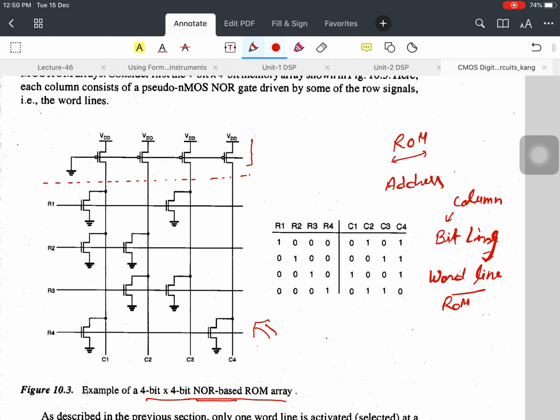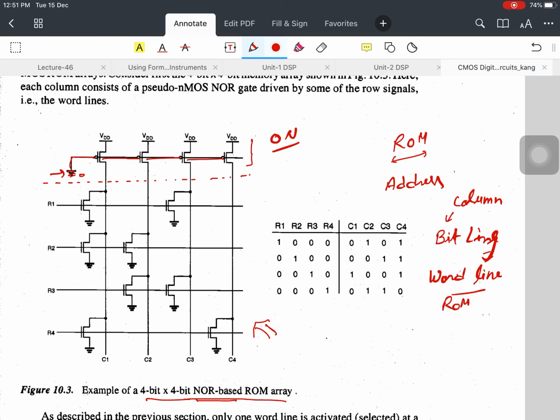The input gate of this pull up network is always connected to 0. You can see all 4 transistors are connected with this grounded line. From here you can find that this PMOS is always on, because PMOS works on 0 voltage, and here the voltage applied is 0. So it is always on.